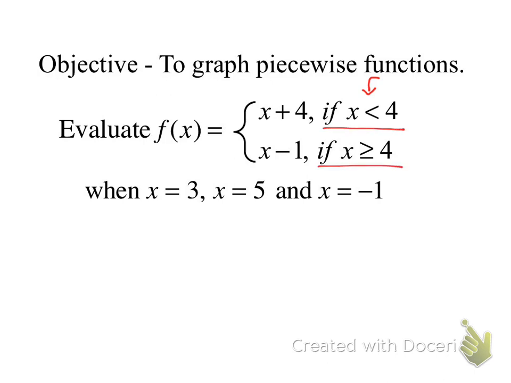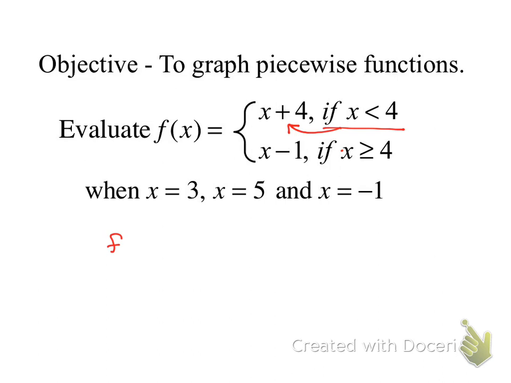Which domain would x equals 3 fall into? Is it x is less than 4 or x is greater than or equal to 4? X is less than 4. So if that is the domain they want us to use, it is that equation that I need to evaluate.